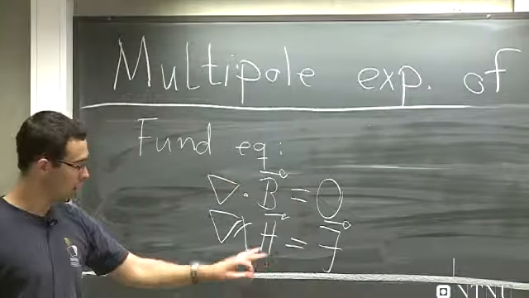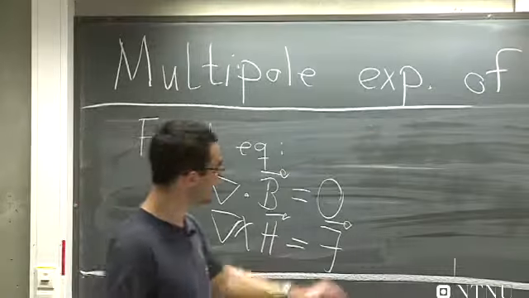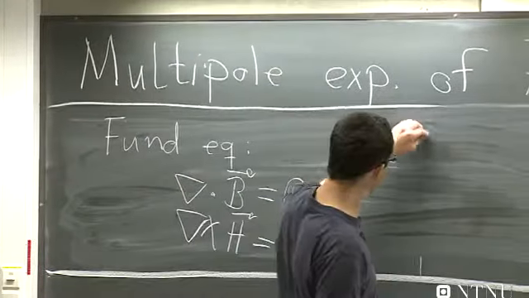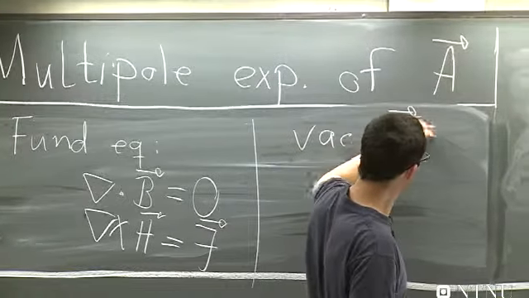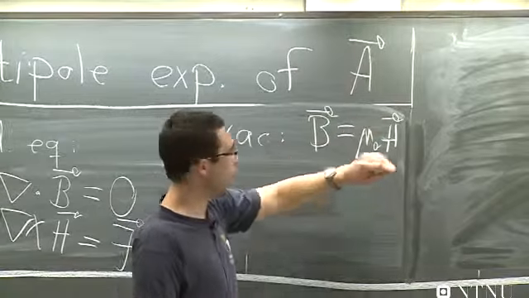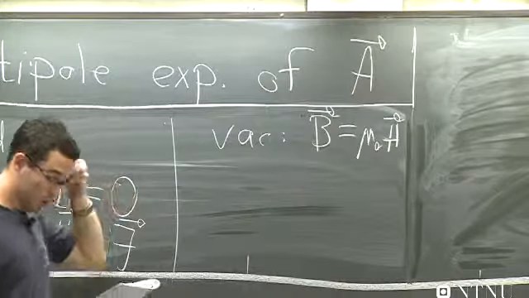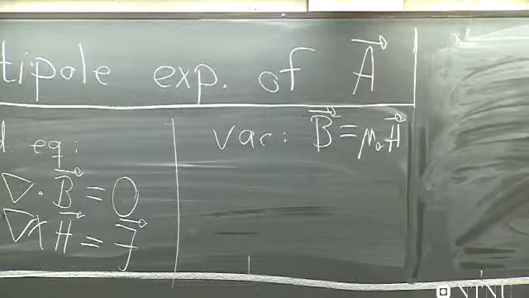And Ampere's law tells you the relation between H and current. And in vacuum, B is just proportional to H. So there's no real motivation to have H in vacuum, but as we get to materials, you'll see the point.